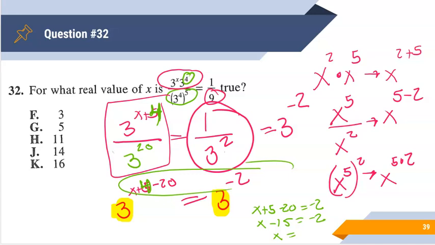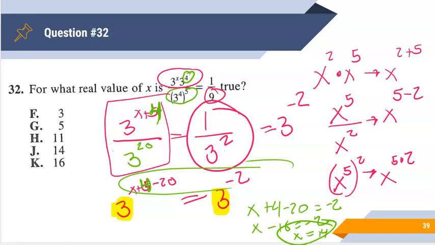That would be a 4. And so we would have, gosh, that's embarrassing. X plus 4 minus 20 equals negative 2. X minus 16 equals negative 2, or x is equal to 14, letter J.